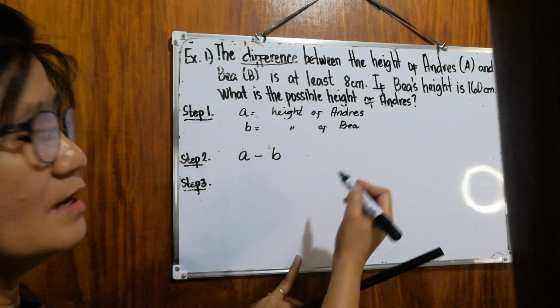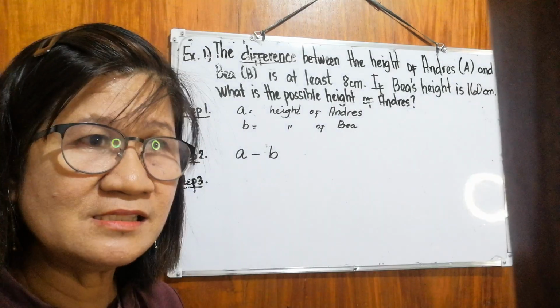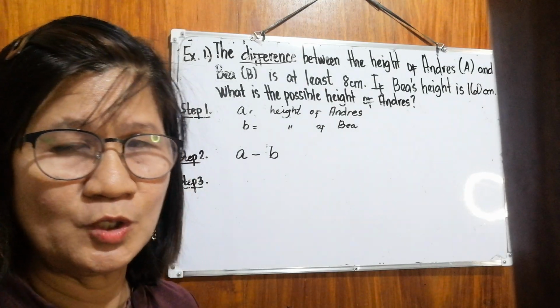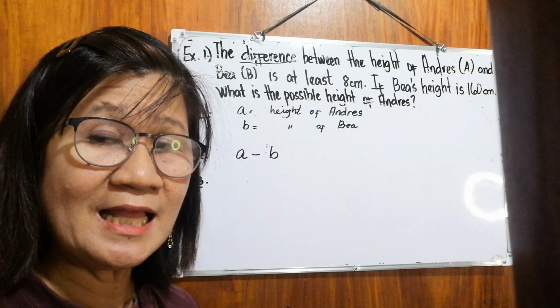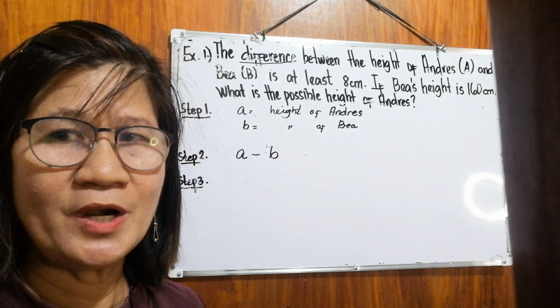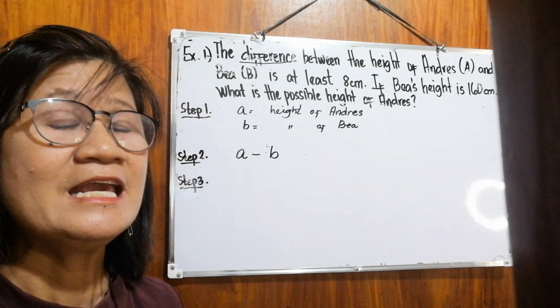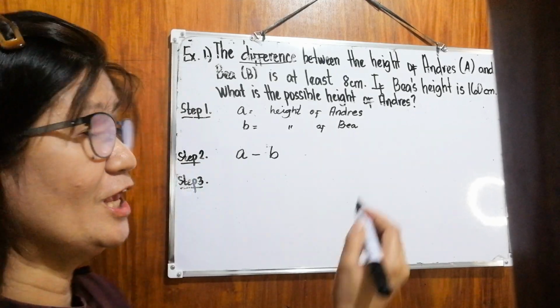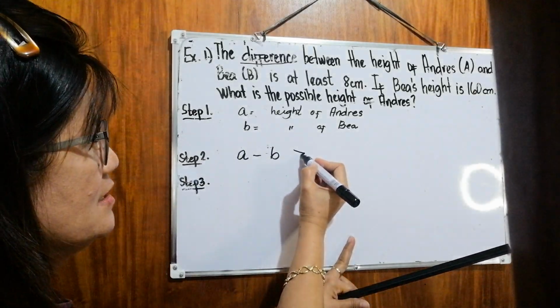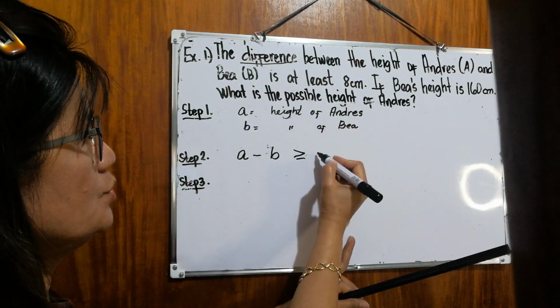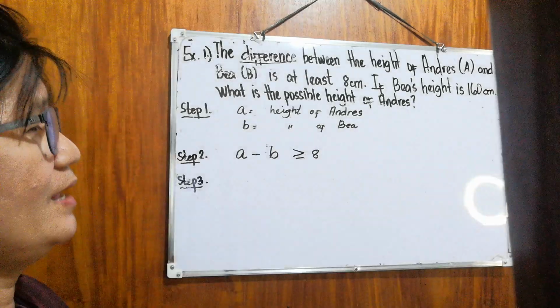So we're going to use the symbol minus. So at least, how do you represent at least into mathematical expression? Kapag sinabing at least, the mathematical expression or mathematical inequality na pwede natin gamitin ay is greater than or equal to 8. Okay?